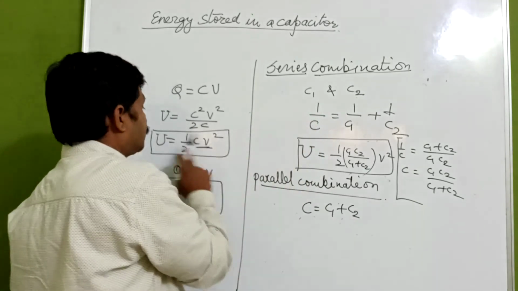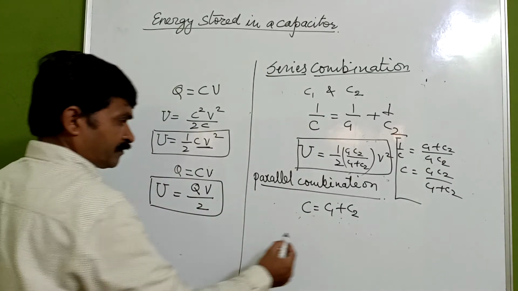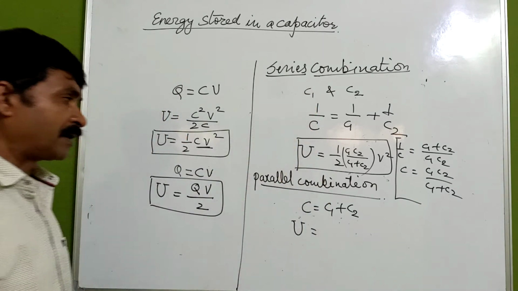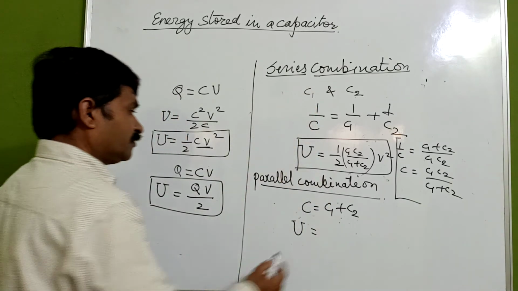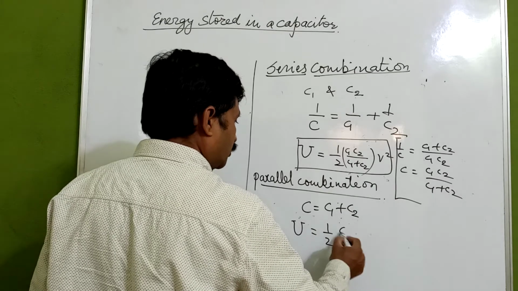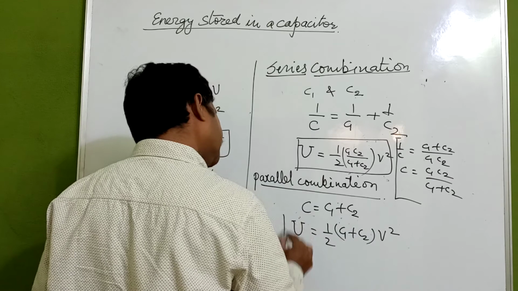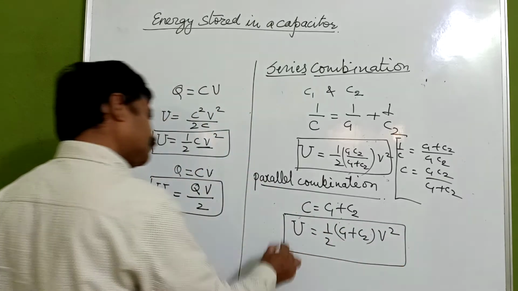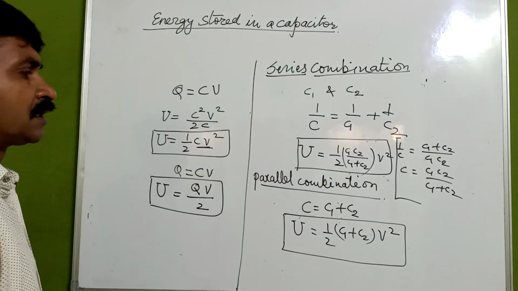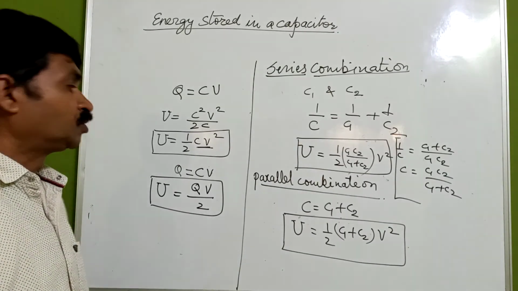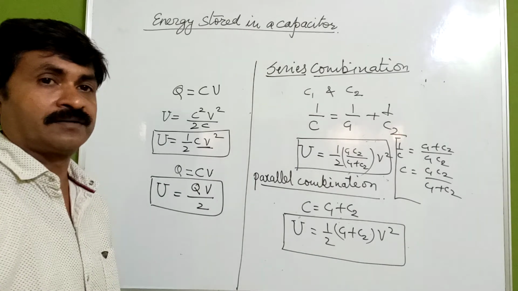Again we can substitute in this relation. So the energy which we store in a parallel combination of capacitors will be given by 1 upon 2 into C1 plus C2 into V square. U is equal to 1 upon 2 C1 plus C2 V square.